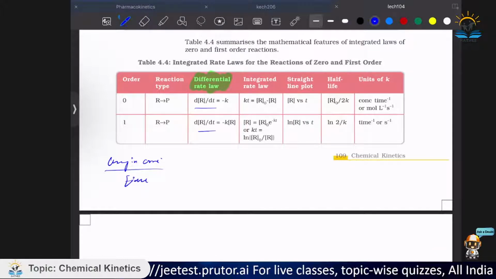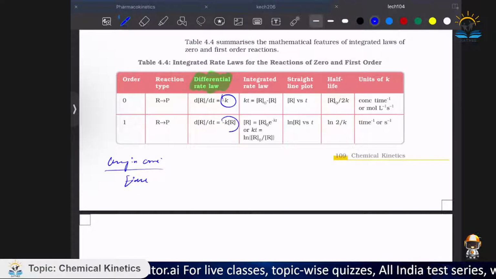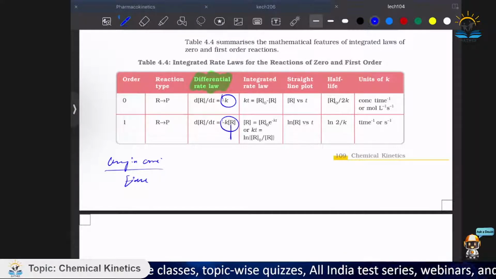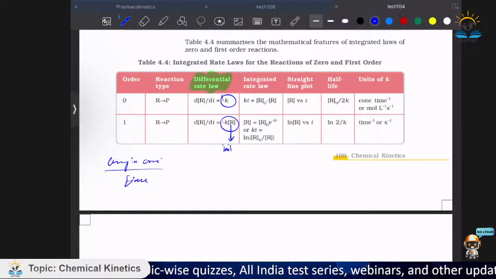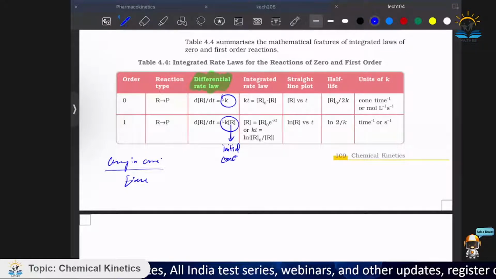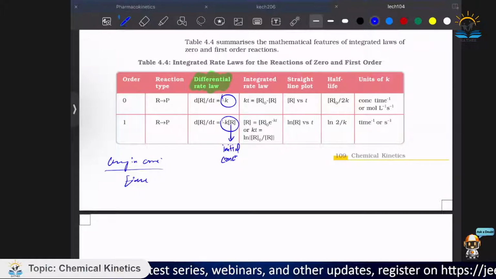dR by dt. And for zero order reaction, it is equal to minus K. And for first order, it is equal to minus K times the concentration of reactant. Sorry, this is not the initial concentration. This is the concentration of reactant at that time. So can you understand what is happening at first order?